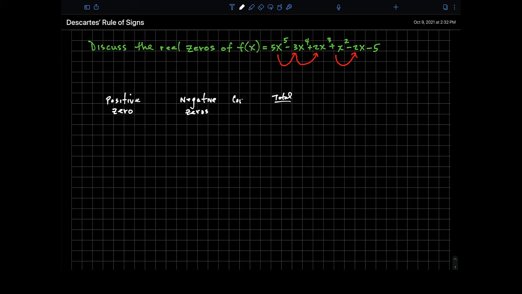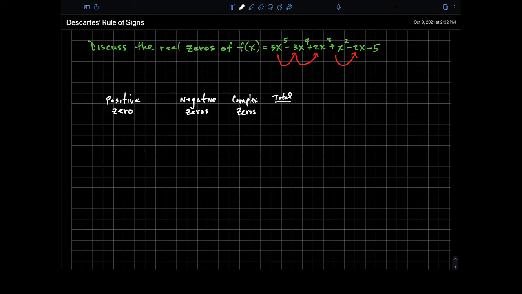But we must also include complex zeros, which are a combination of real and imaginary zeros. Using Descartes' rule of signs will tell us the positive and negative zeros, and then we can use basic calculations to figure out how many complex there should be.